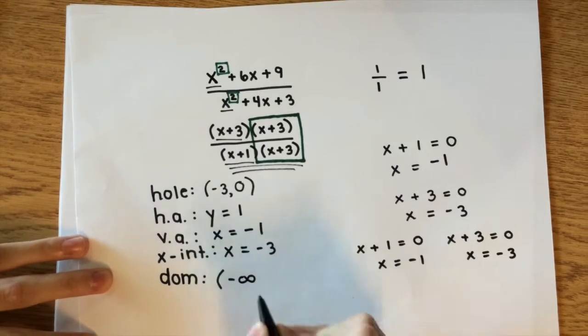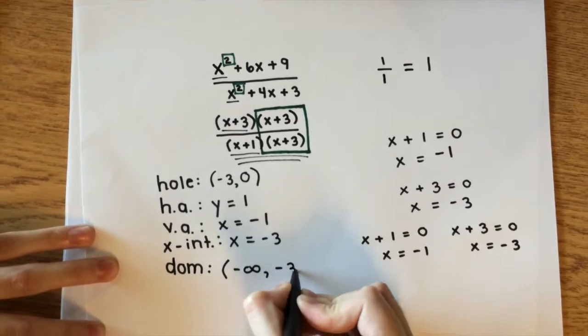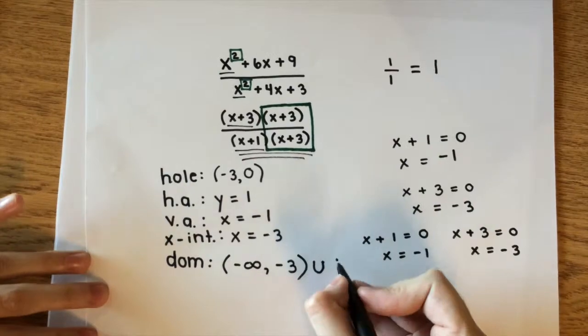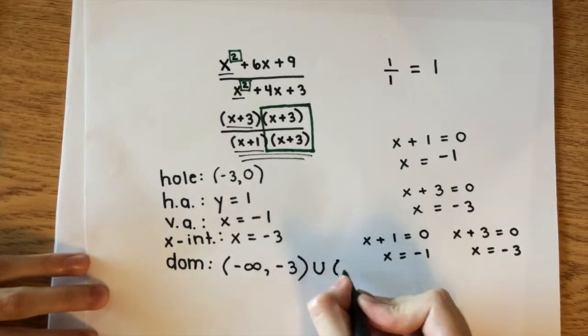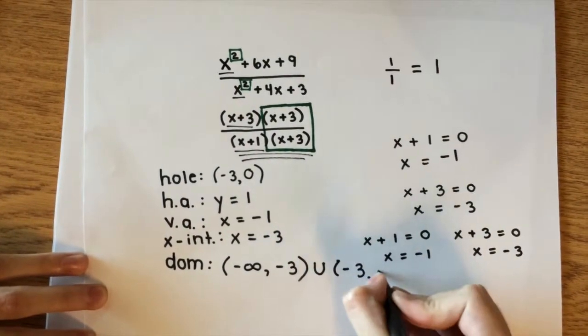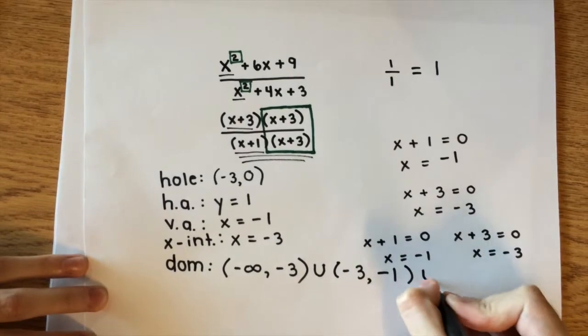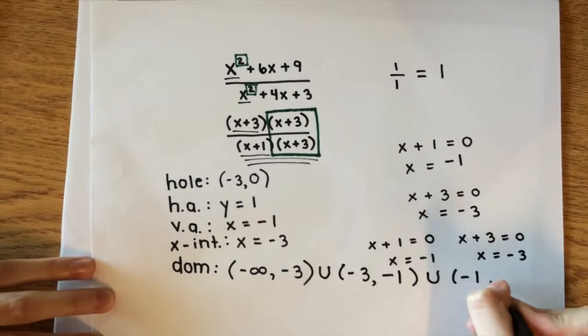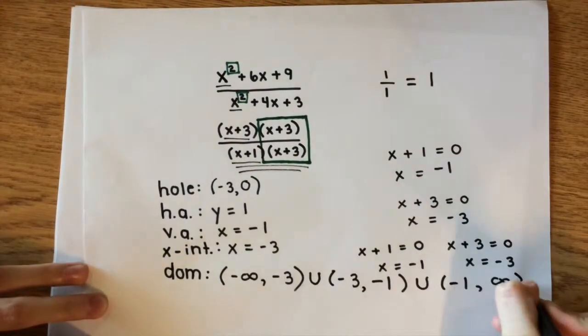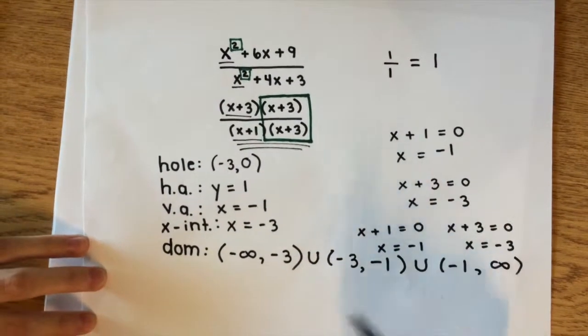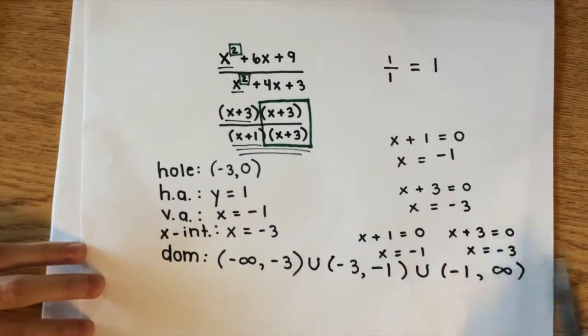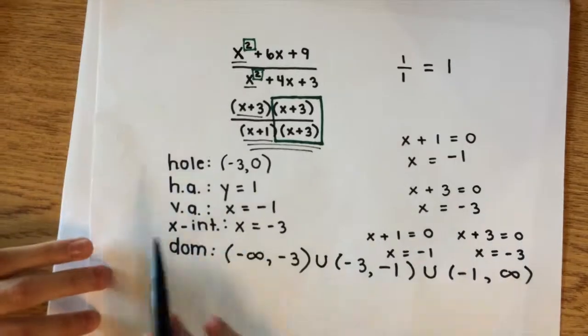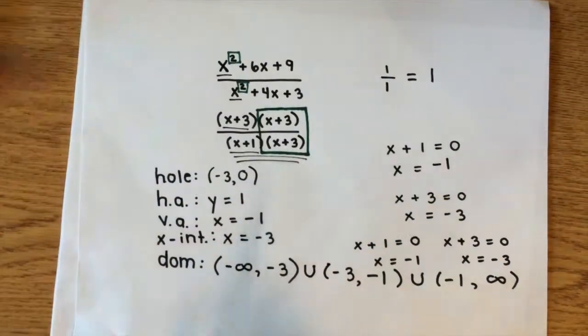So it would be negative infinity up to negative 3, unified with negative 3 to negative 1, unified with negative 1 to positive infinity. Remember, you don't use brackets because we don't touch those numbers. And that's how you apply all the terms into one problem.